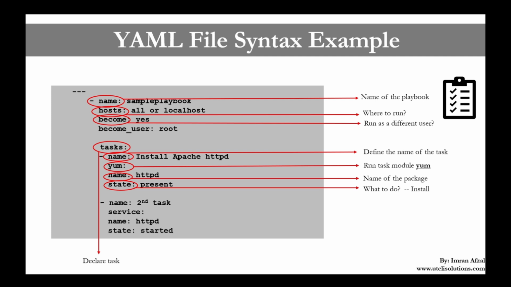And what do you want the playbook to do? You want that package to be started. So these are two tasks that are defined within the same one big task of HTTPD. You could create additional tasks if you wanted to install another package, but that will be in a different indentation.